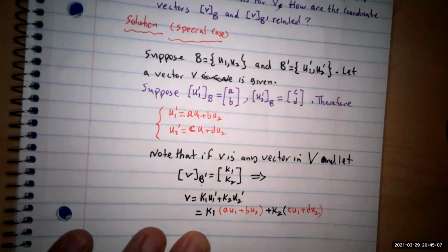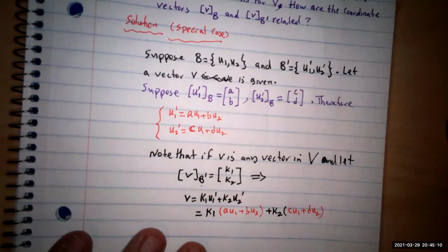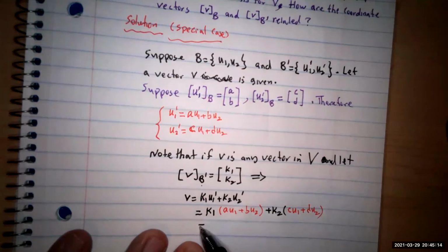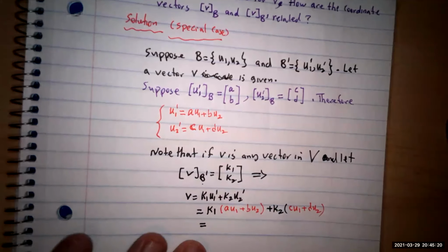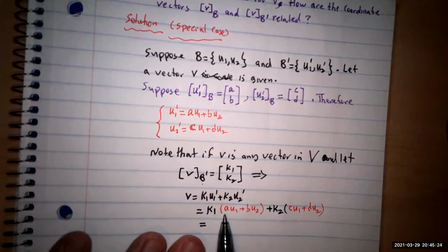Multiply it, simplify it, put these u1, u2 together. Remember, we want to change this from B prime to B, relating to the old one. So if you multiply these, you can factor out the u1.